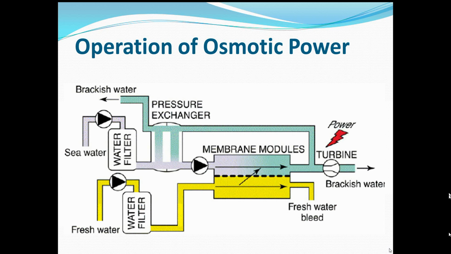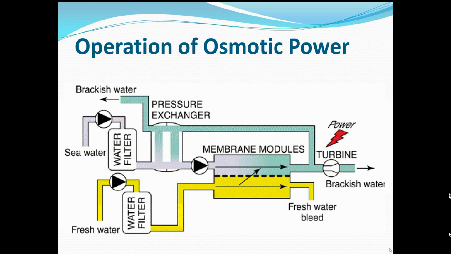Now, after the water is filtered on both sides, it is led into the membrane modules. We can see that the seawater passes through a pressure exchanger and comes into the membrane module. Now, why is pressure developed on the seawater side and not on the freshwater side? If we look to the right-hand side of the diagram, the water being supplied to the turbine is from the seawater side.